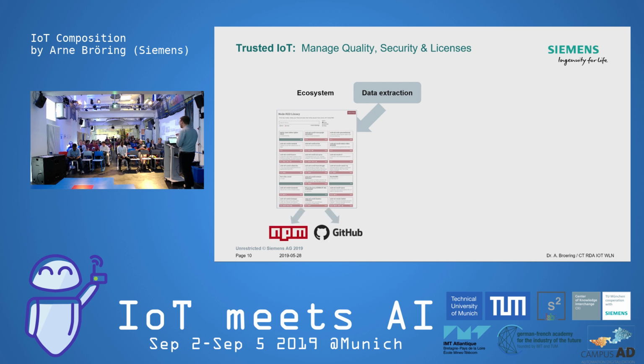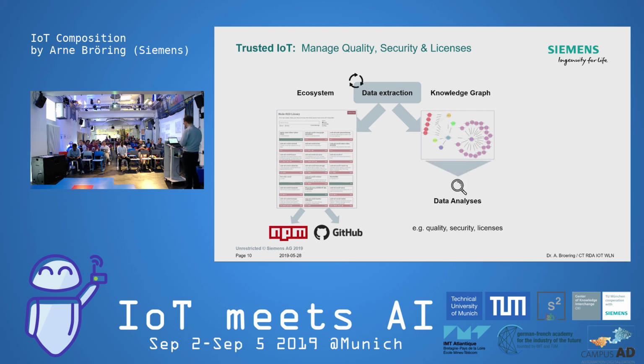Then we would follow links on that website, for example, to NPM or GitHub to get more metadata, and then we fill these metadata into a knowledge graph. And that knowledge graph can then be used to do data analytics, for example, regarding quality or security or just license clearing. And that would then for us at Siemens be usable, for example, in a portal where we offer approved nodes to our customers.